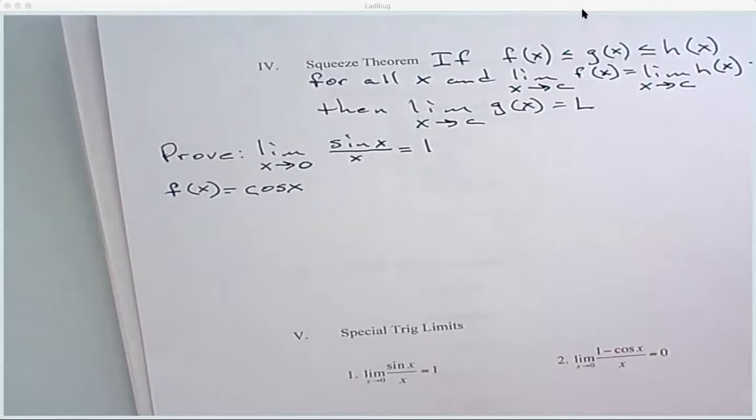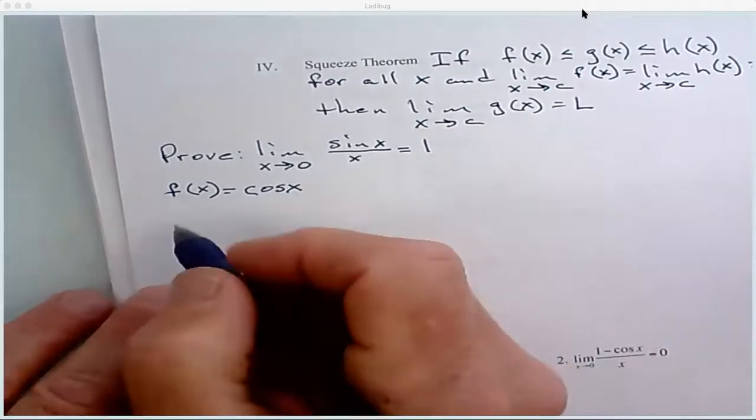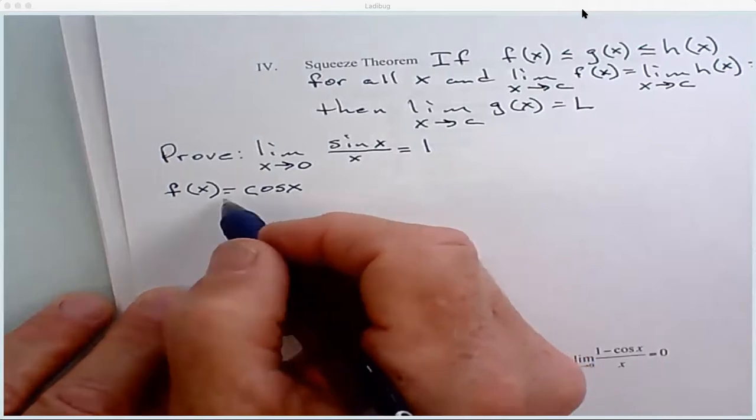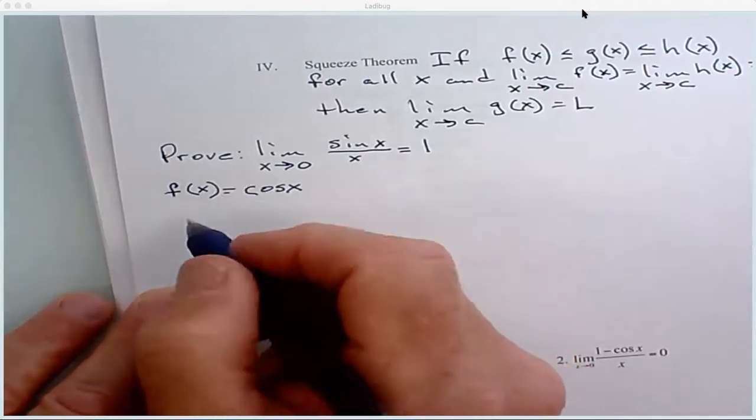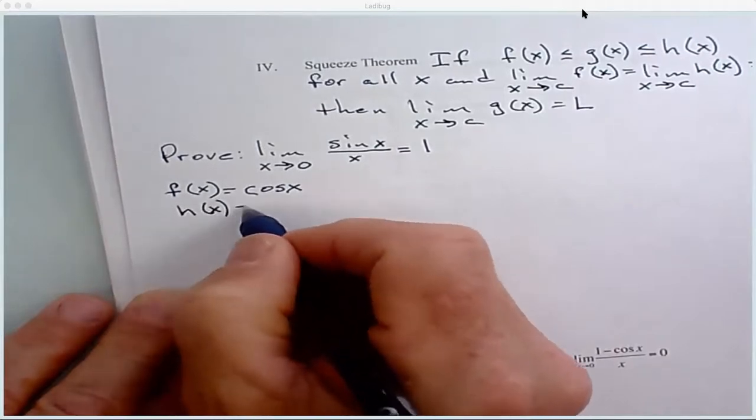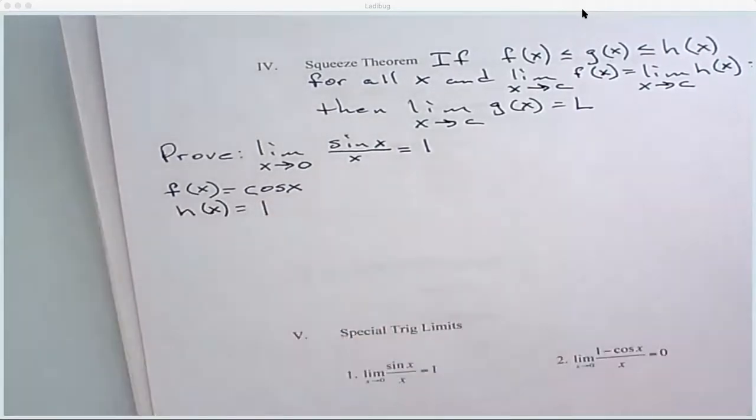It can never be bigger than 1, right? It's 1 at 0, 2 pi, 4 pi, 6 pi, right? It doesn't get any bigger than 1, does it? Okay? So cosine is either equal to 1 or less, right? So my bigger graph, I know it's less than this function, h of x equals 1, which is a horizontal line.